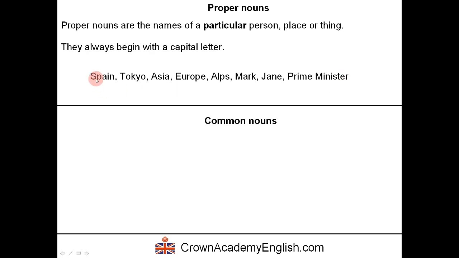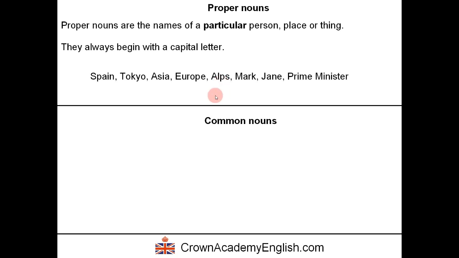Notice that they all start with a capital letter. Spain is a country and it starts with the capital letter S. Tokyo is a capital city, so we start it with a capital T. Alps, these are mountains between France and Spain. Sorry, I'm getting confused with the Pyrenees.